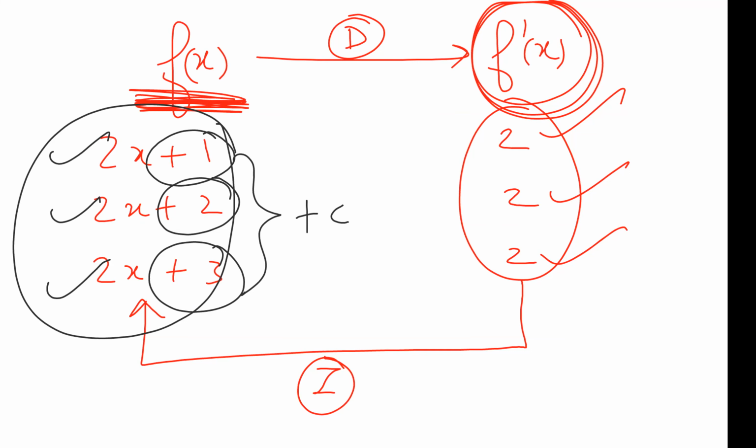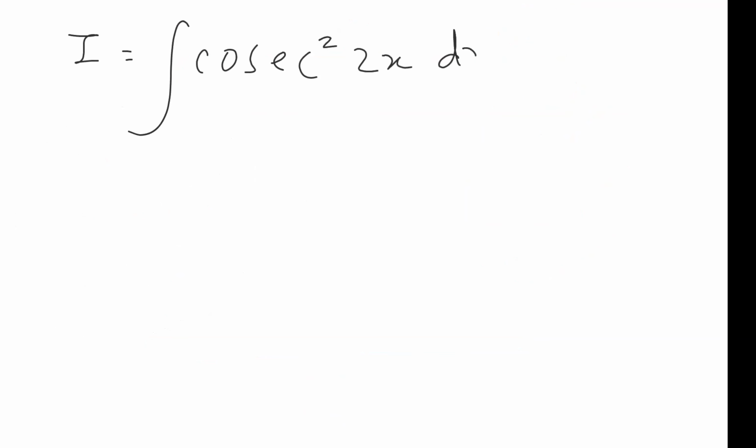Next problem, integration of cosec square 2x dx. The integration of cosec square x is minus cot x.